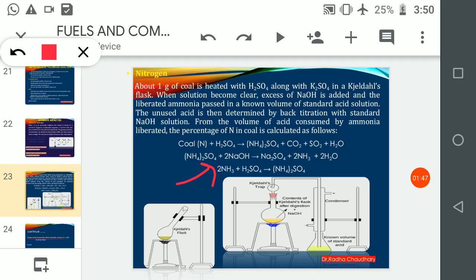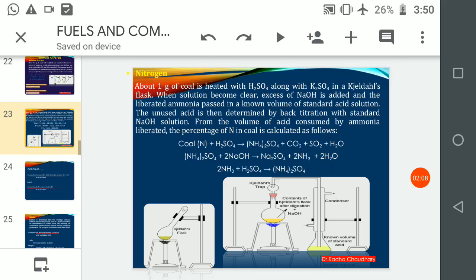The volume of unused acid is then determined by titrating against standard NaOH solution. Let V2 ml of standard NaOH be required to neutralize the excess acid. Thus the amount of acid neutralized by the ammonia liberated from coal is determined.